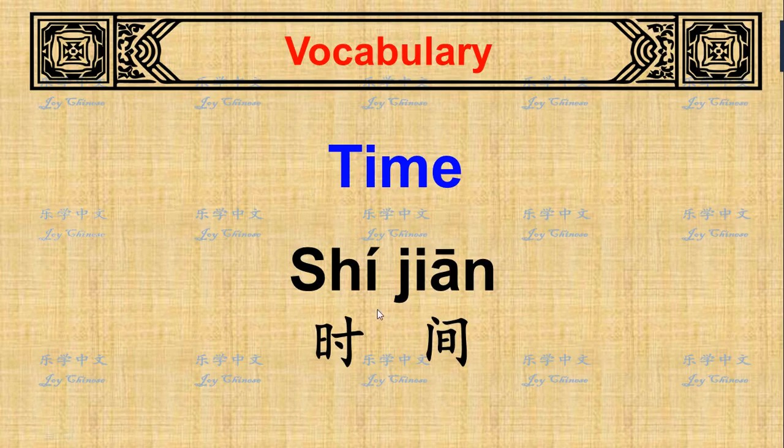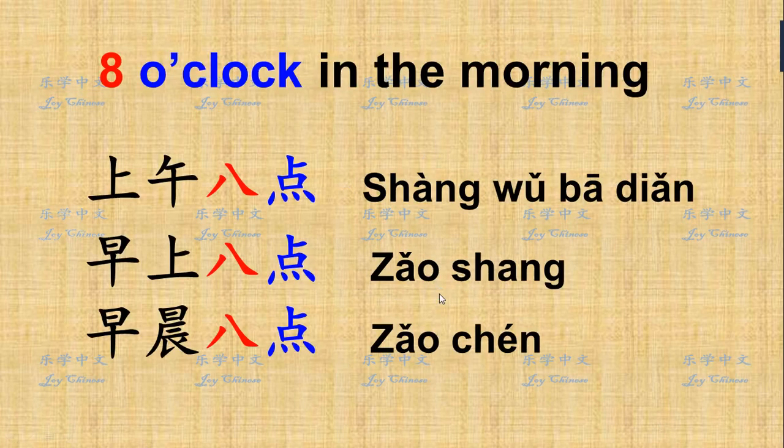In this video, I will explain how to express time. In Chinese, 时间. Let's use 8 o'clock in the morning as an example. Here, the black one, morning, we say in Chinese, 上午. And the red is 8 o'clock.